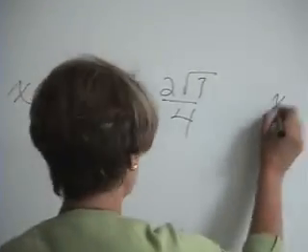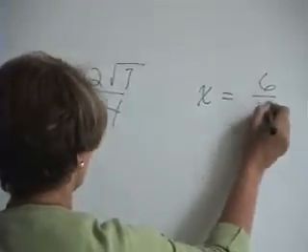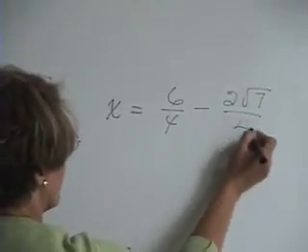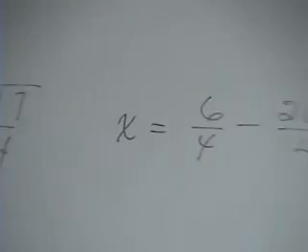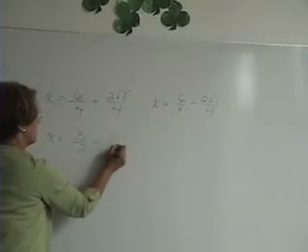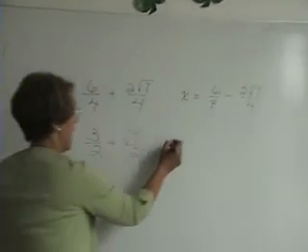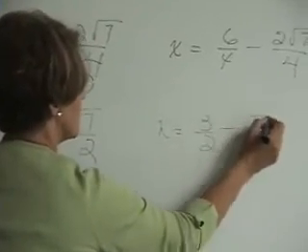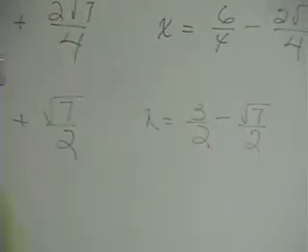The other root will be x is equal to 6 over 4 minus 2 times the square root of 7 over 4. And I'm going to reduce these. 6 over 4 will be 3 over 2, plus the square root of 7 over 2. x will equal 3 over 2 minus the square root of 7 over 2.